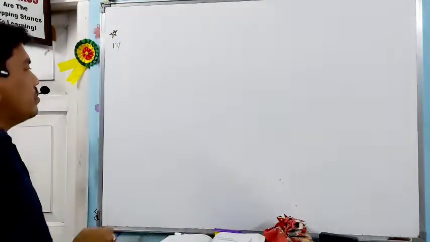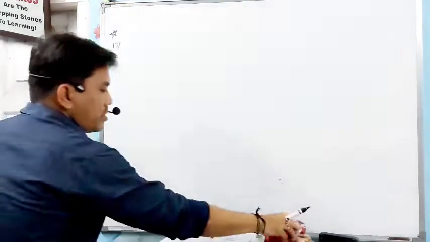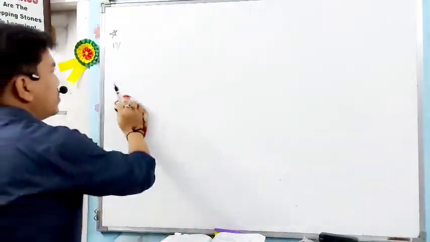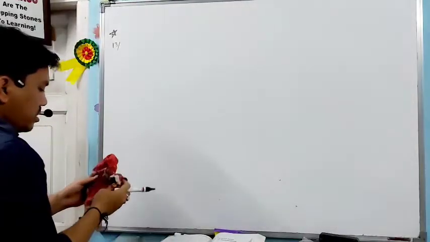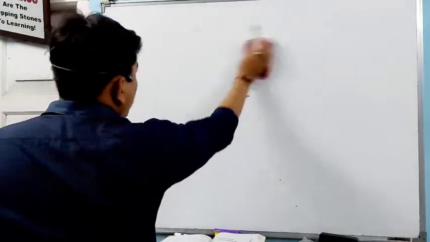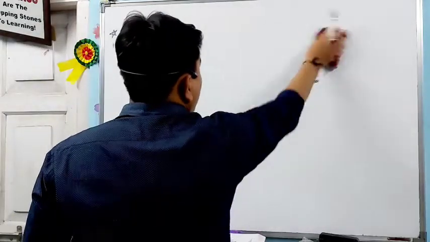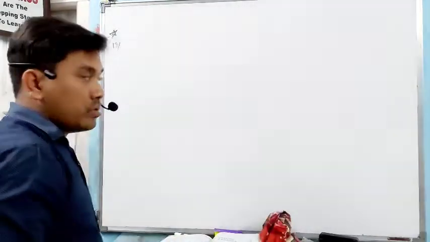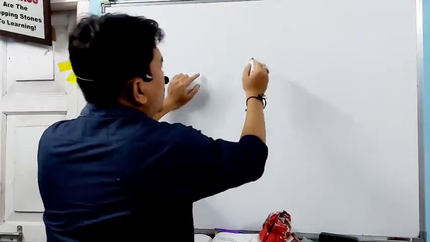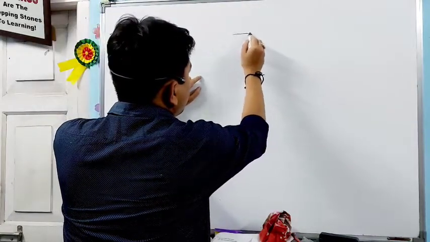Now we all know what is a rhombus. Rhombus is a four-sided closed figure having 4 equal sides. Each of the sides are equal. Isn't it? So we got this before also. Now let me draw one rhombus.